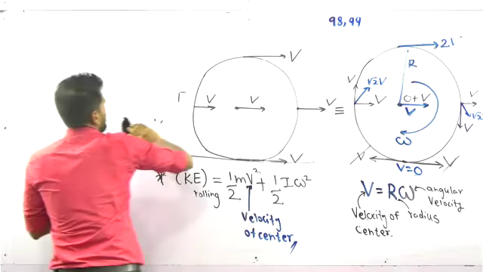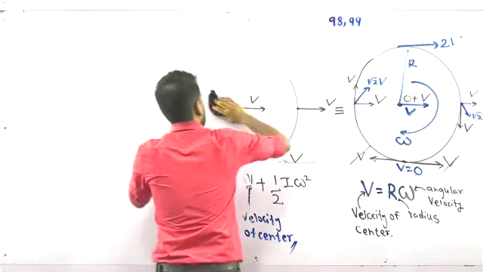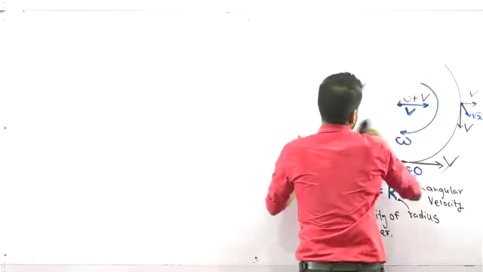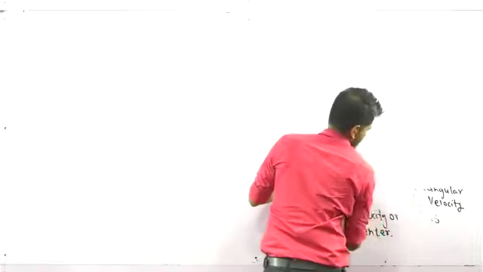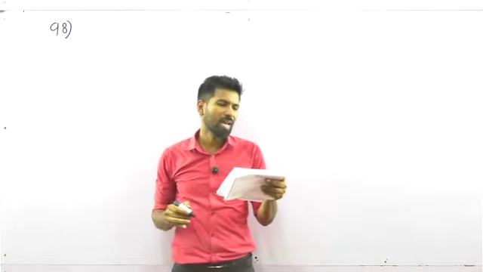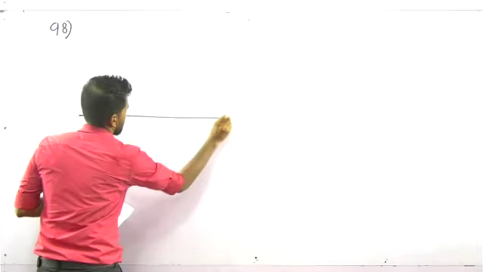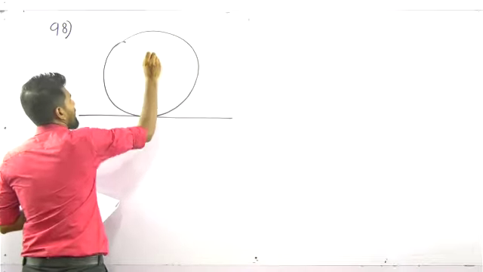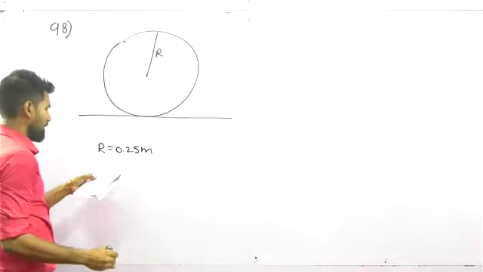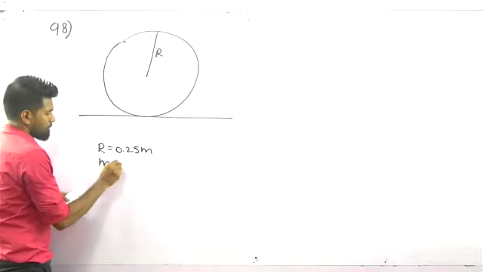Let's go to question number 98. A bicycle wheel has a radius of R, where R is equal to 0.25 meters, and a mass of 0.8 kilograms.